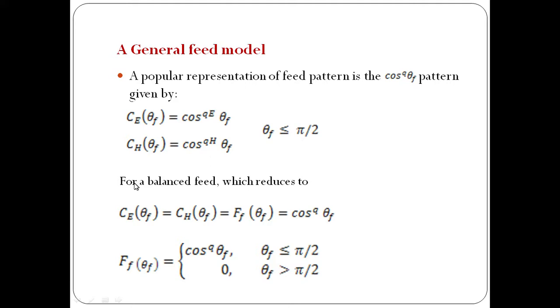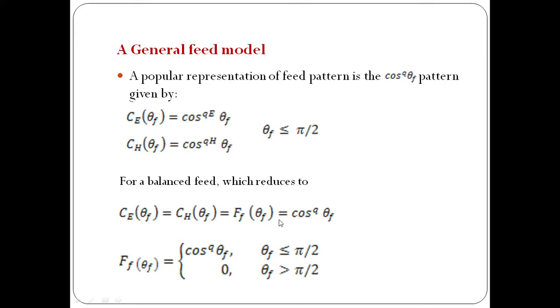We say the feed is balanced if it produces a rotationally symmetric pattern, so these two patterns are the same: C_e(theta_f) = C_h(theta_f) = cos^q(theta_f), because qe equals qh for a balanced feed.